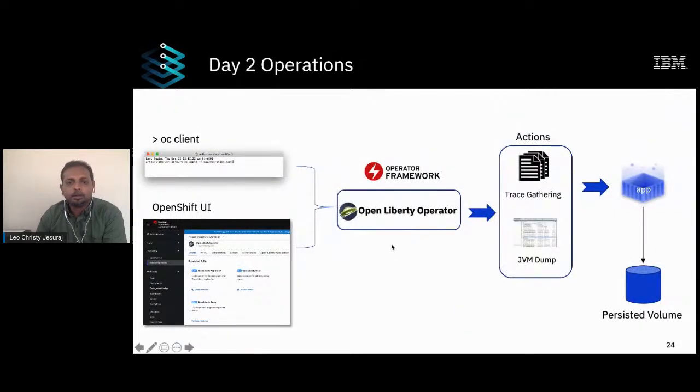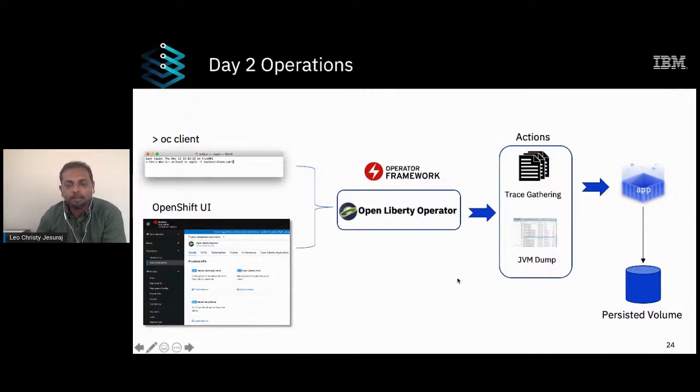All right. So we talked about the day two operations. You can either use the oc CLI tool or the OpenShift UI, and using the operator, you can gather the trace or the dump. It's very trivial to do this on a Liberty instance that's running outside of containers.